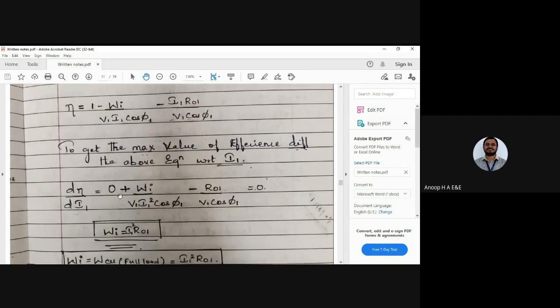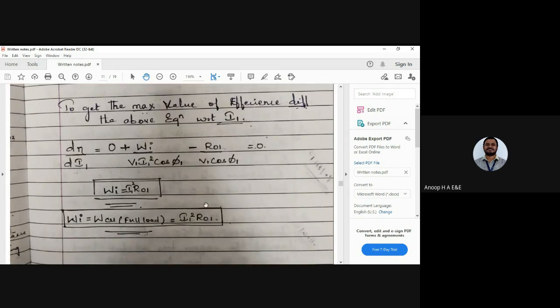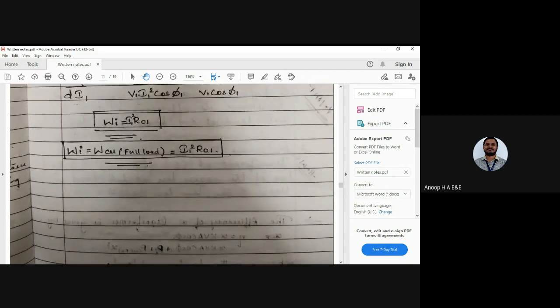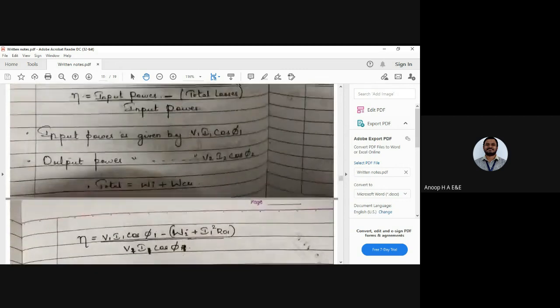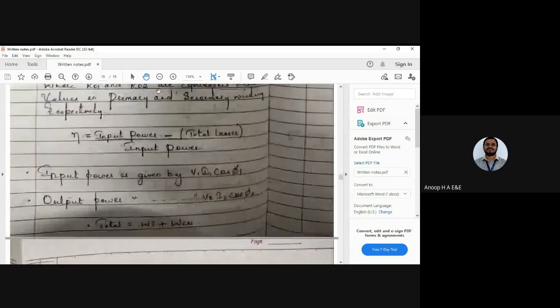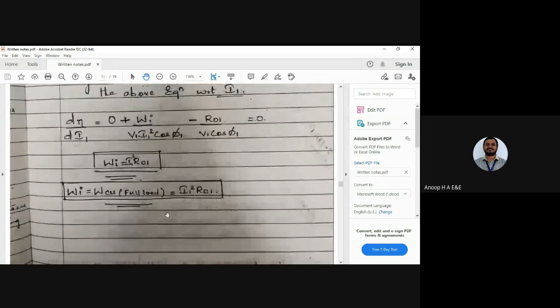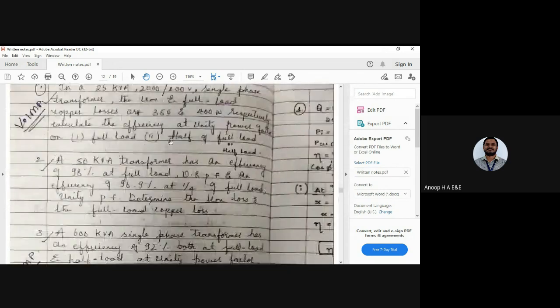I had differentiated with respect to I2, getting it right. So here it is I1 squared RO1 equal to I2 squared RO2. In case you differentiate with respect to primary, you can do this. I suggest you follow the technique given in your class notes. You can quite easily find it out.